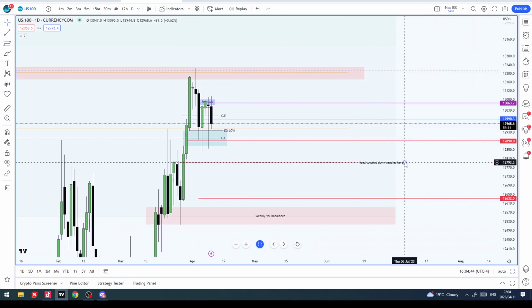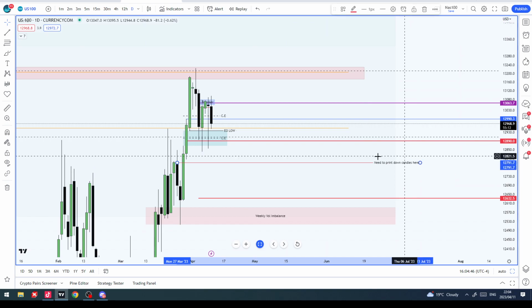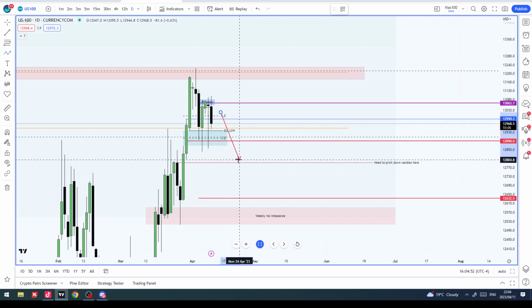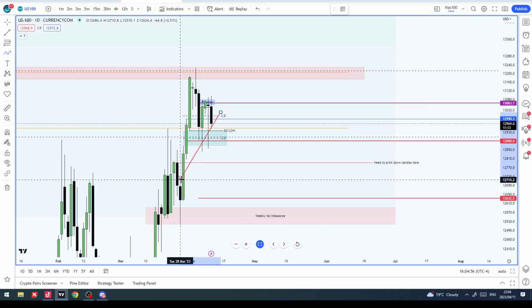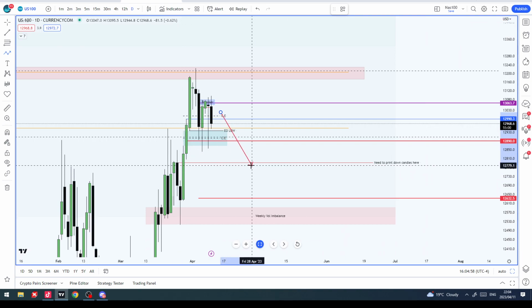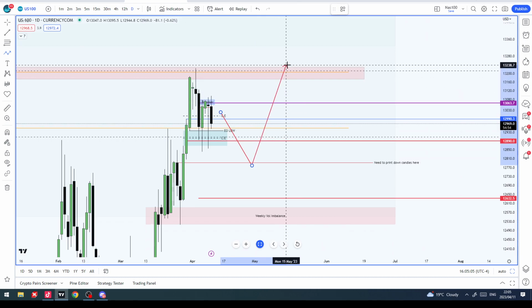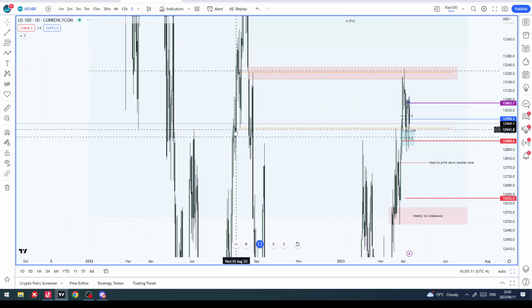Need to print a down candle here, which is why I would like them to bring it down here, print a down candle in this FVG here, close here, and go higher if they want to. So tomorrow is going to be important, decide on direction.